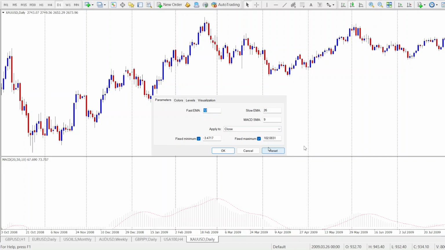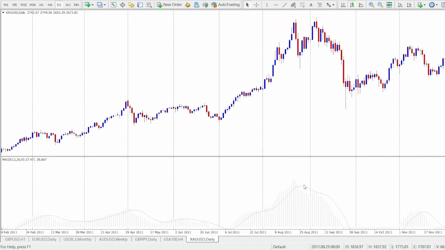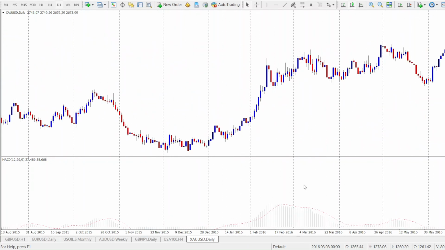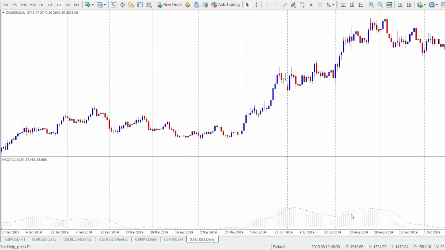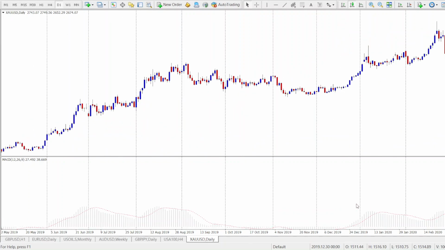I'm just going to reset this first so I can make it clearer. Gold has been on an upward trend in recent times. Let's reset this.